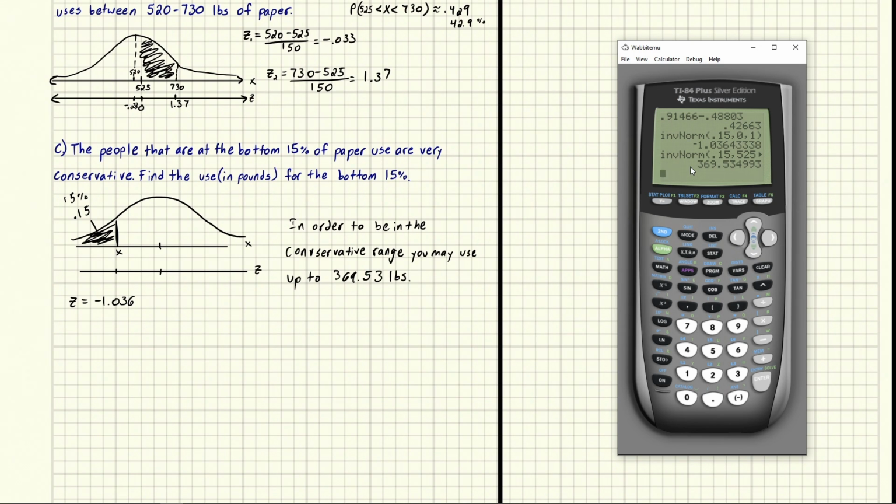So that's how much paper. If you use more than that, you're not conservative anymore. You're outside of the range.